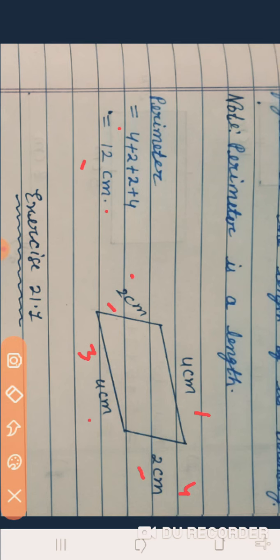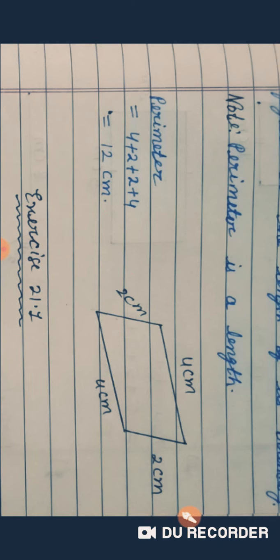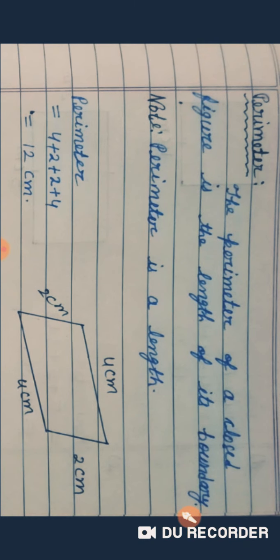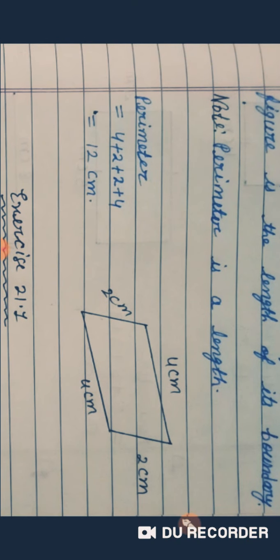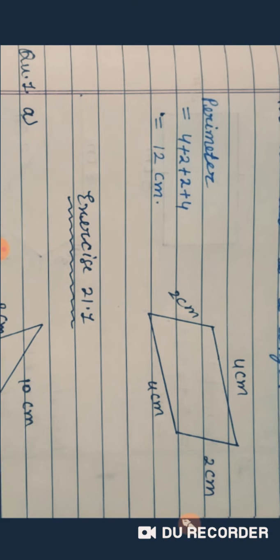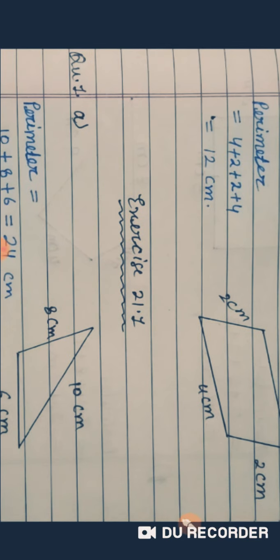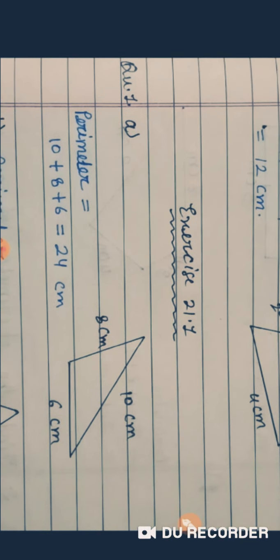So this is the perimeter of this figure. Once again, the perimeter of a closed figure is the length of its boundary, which means the sum of all the edges of the closed figure.